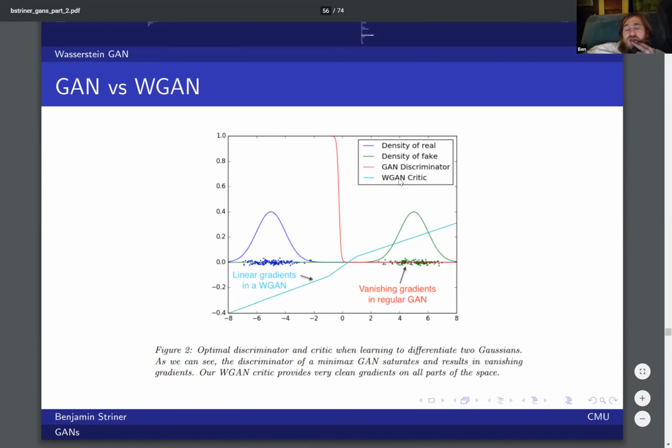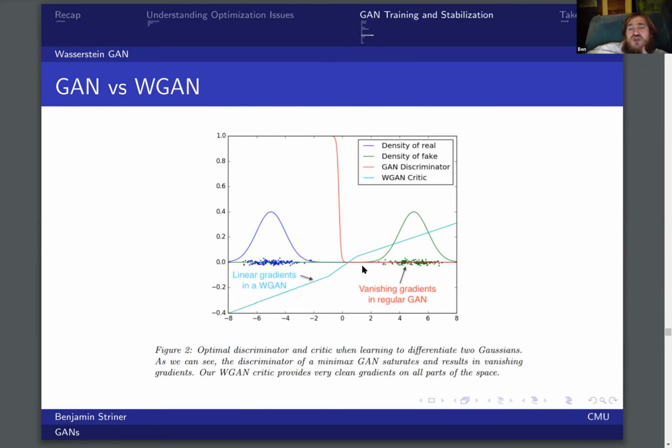Your WGAN, instead of being 0 to 1 and squashing at 0 and 1, can only be a Lipschitz of 1. That doesn't quite look like a Lipschitz of 1 in this situation, but you're setting an upper limit to how sharp the WGAN can be, and because there's a limit to how sharp it can be, it's nice and smooth, and you can actually go down that way or go up that way.